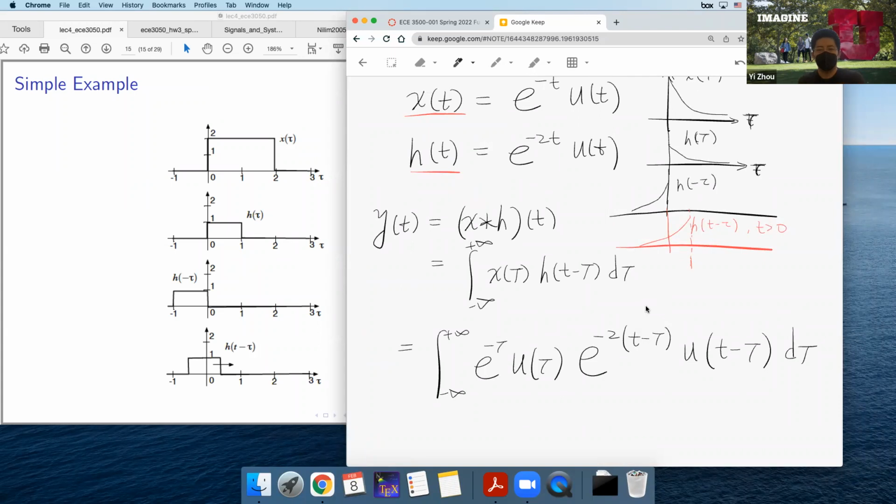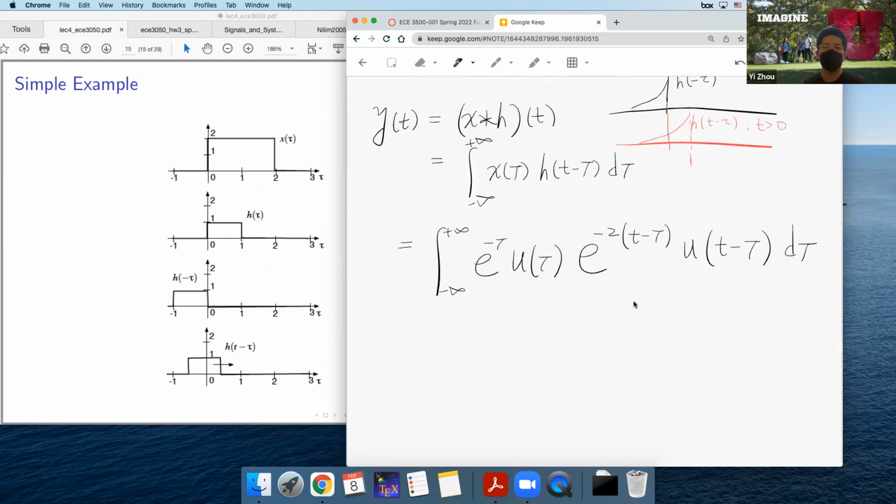Okay, and for the rest, we just remember that t is a constant, fixed, given time index. We are integrating the entire thing over tau, so tau is the variable that we are looking at. Because t is a constant, we can pull it out, pulling out all the constant terms. So it's e to the negative 2t times the integration of e to the power of negative tau, and e to the power of negative 2 times negative tau, which gives positive 2 tau.